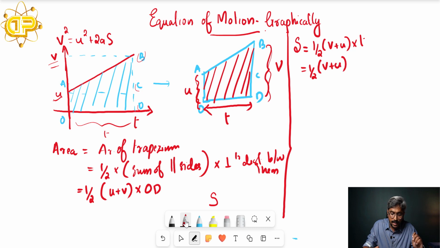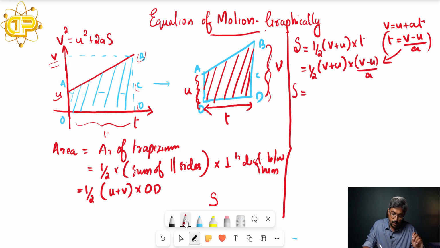Instead of this time, again a small substitution is there, that is V is equal to U plus AT. From there T is equal to V minus U by A. Substitute this value here instead of T, and T will become V minus U by A. From there, you can say that S is equal to V plus U into V minus U by 2A.